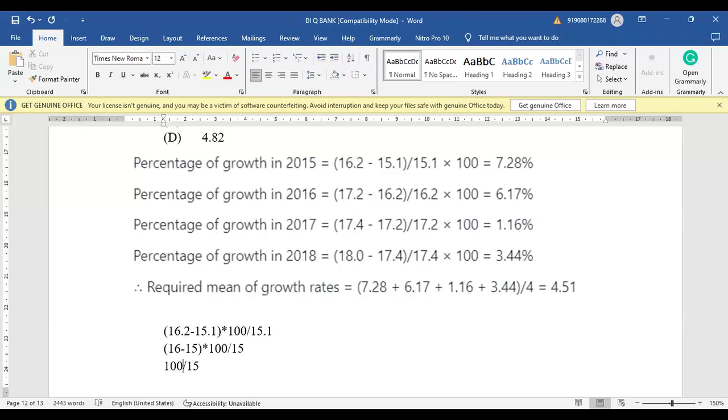What is 100 by 15? Is approximately 6.67, 6.66. Can I keep it as 7? 6.6 equal to 7, correct? Yes or no? The original answer is 7.28. Is it clear?